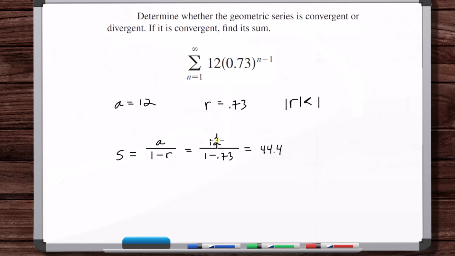$44.4. Let's try and do the exact answer. So, 73 over 100.